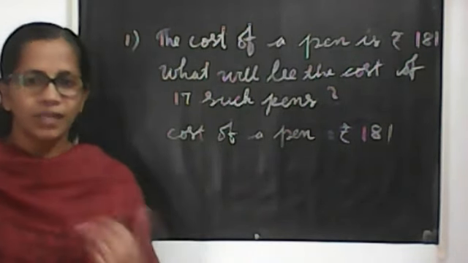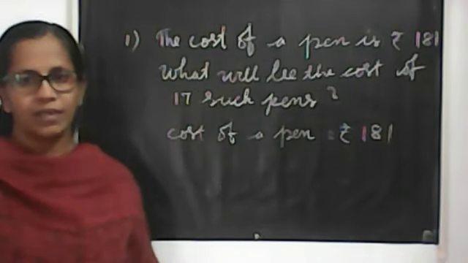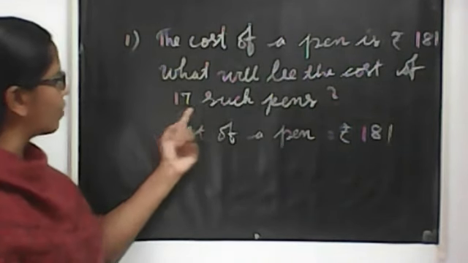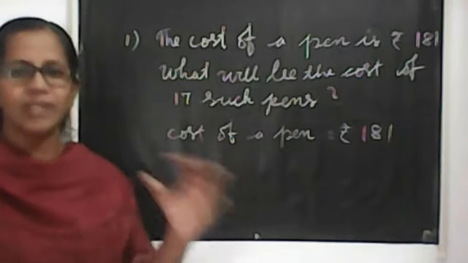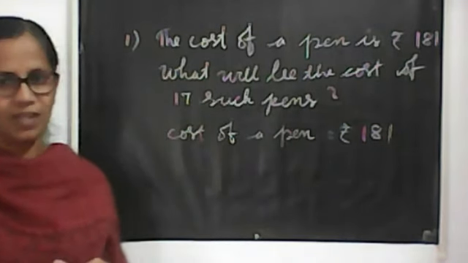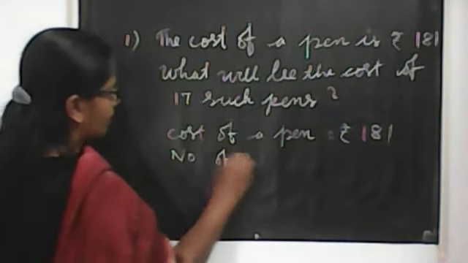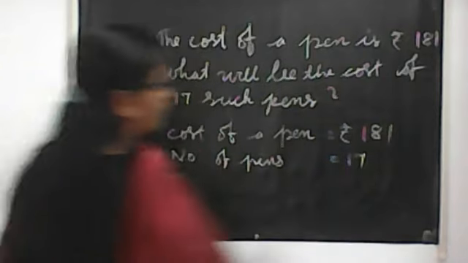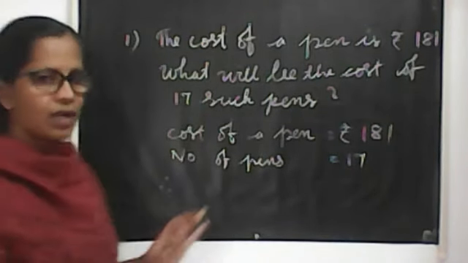And another piece of information given is the number of pens. From the second statement, we understand one more number is given. What is this 17? 17 is the number of pens we are going to purchase. So you can write here: number of pens is equal to 17.